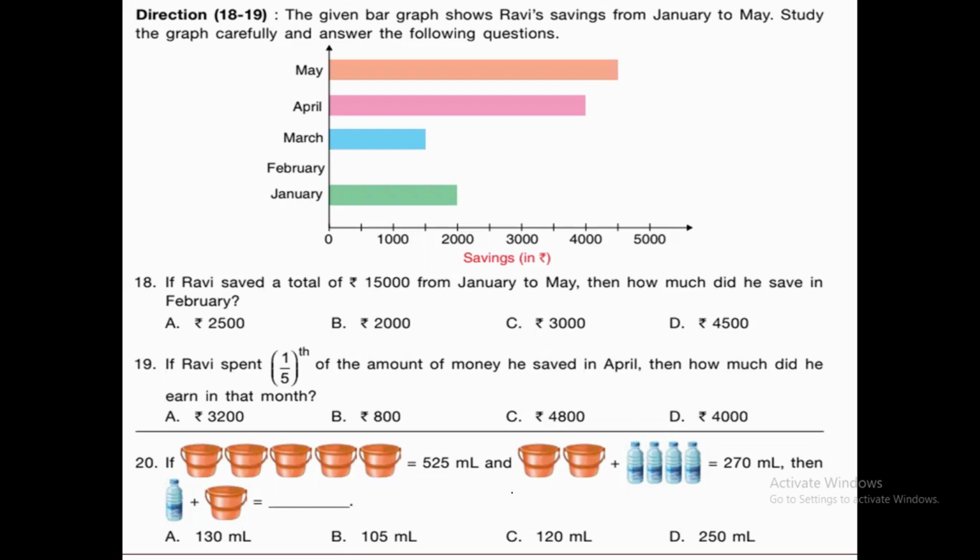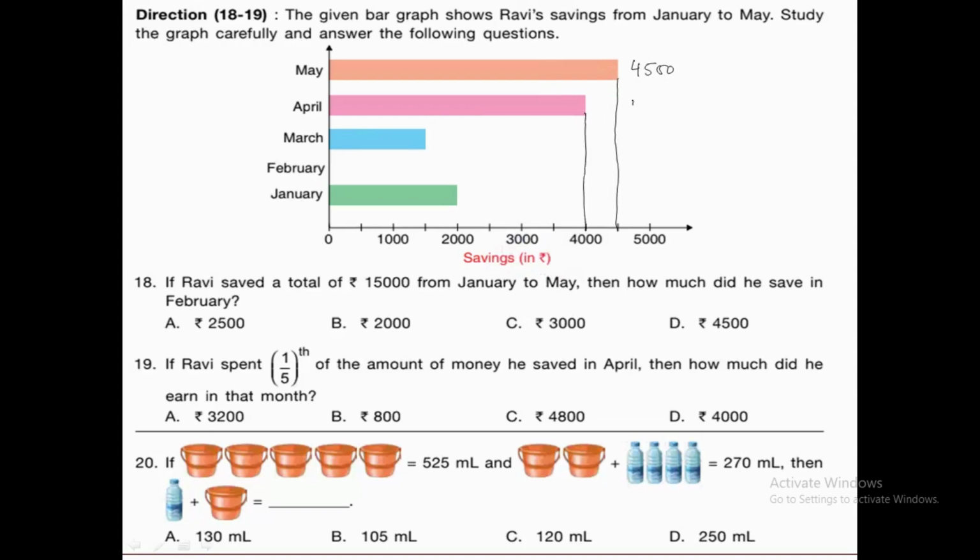Okay, so as you can see over here, in the month of May, what is that person's saving? If we match it through the axis, it will be 4,500 because it is between 4,000 and 5,000. So it will be 4,500. Okay, let's write it over here. Now, what are the savings in the month of April? In the month of April, it is 4,000.